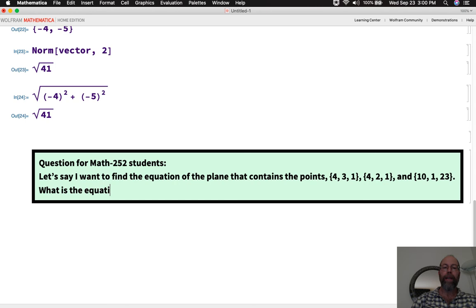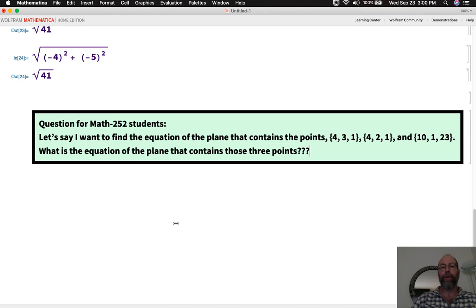What is the equation of the plane that contains those 3 points?